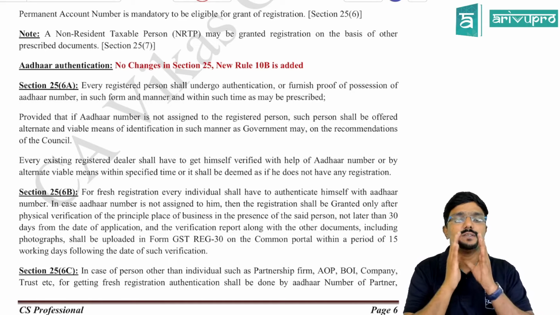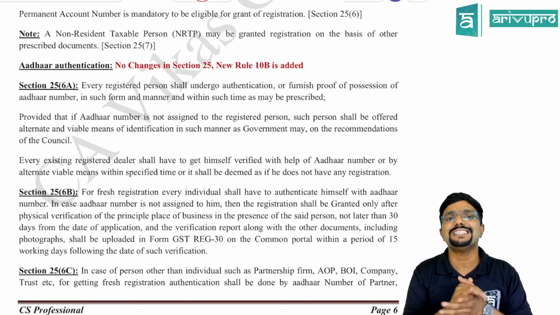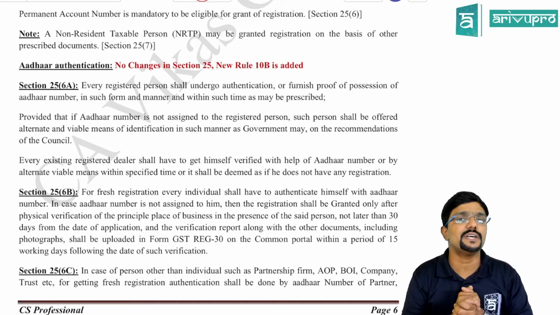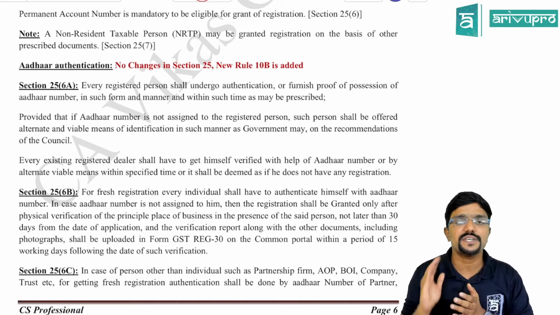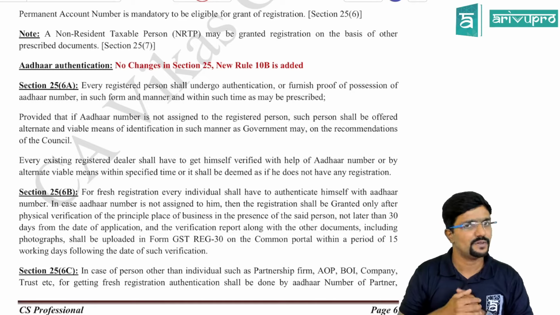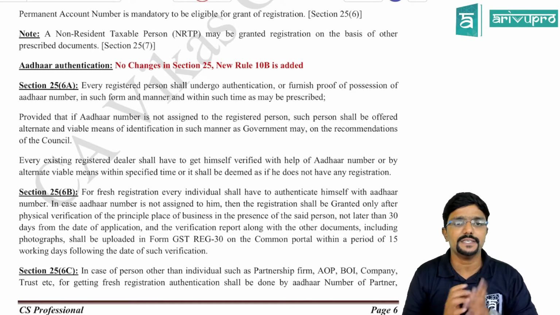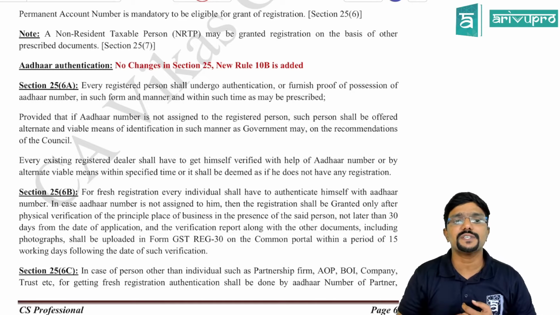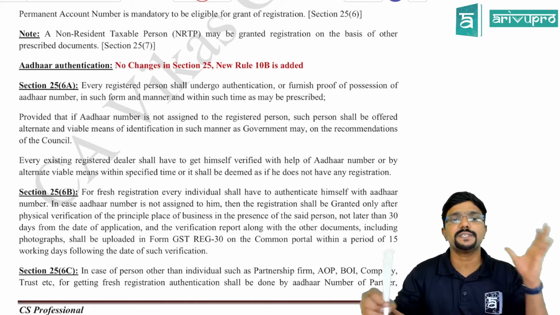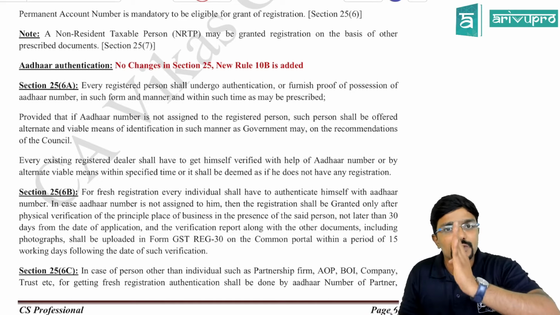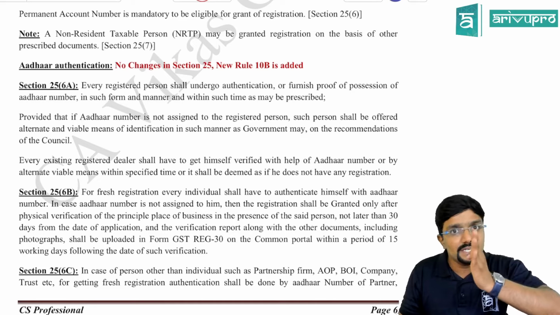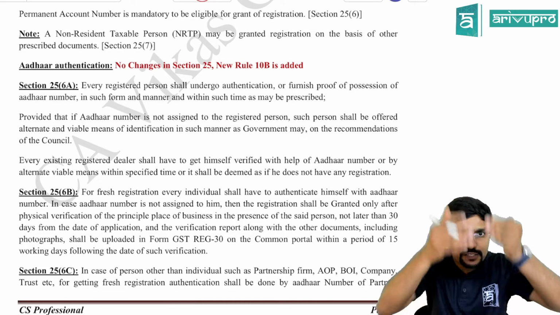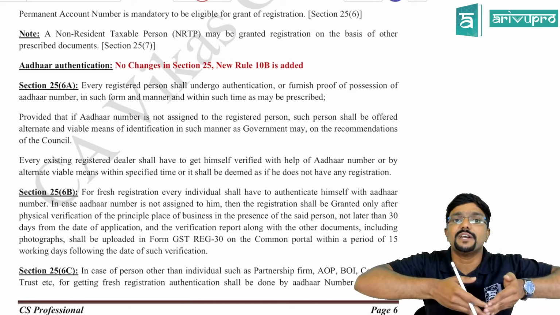See guys, 25 6A, 6B, 6C, 6D was not there when GST was initially implemented in the year 2017. All these subsections were added only in the later stage. So section 25 subsection 6A is telling every registered person, means the person who is registered after GST was implemented, but before these provisions, that is subsection 6A, 6B and all, were brought.